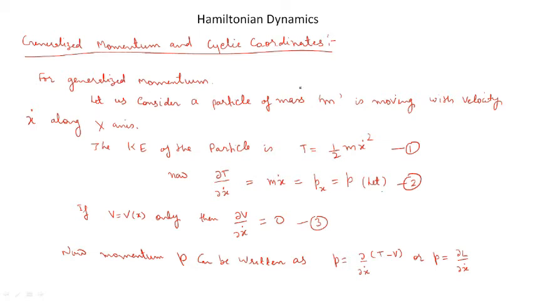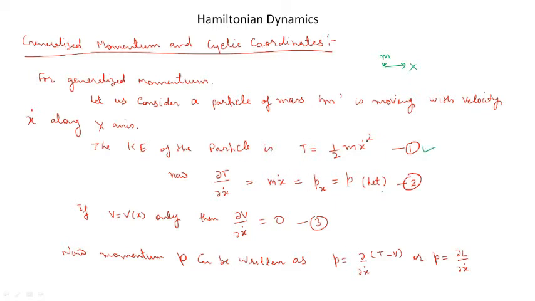Now we will discuss generalized momentum and cyclic coordinates. For generalized momentum, let us consider a particle of mass m moving along the x-axis. Then its kinetic energy will be equal to 1 by 2 m x dot square, and let us say it is equation number 1.